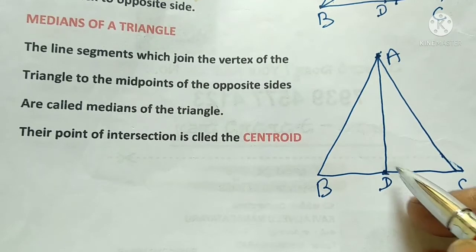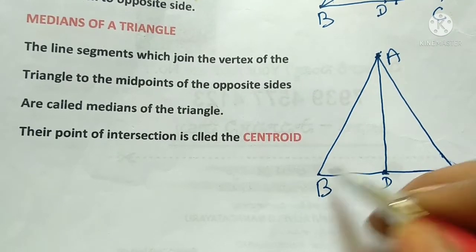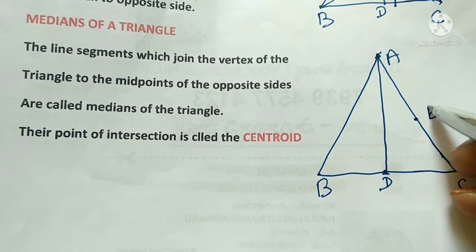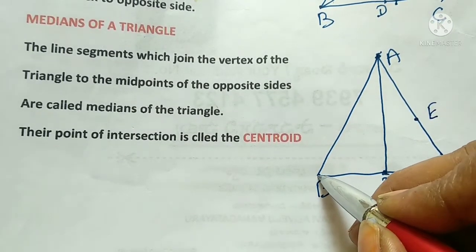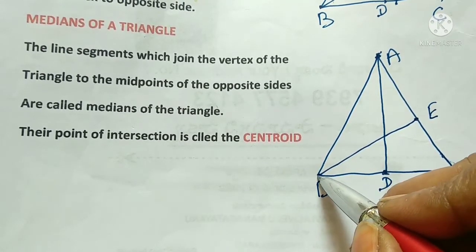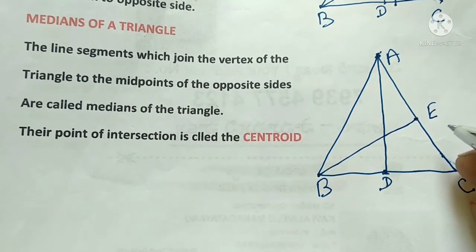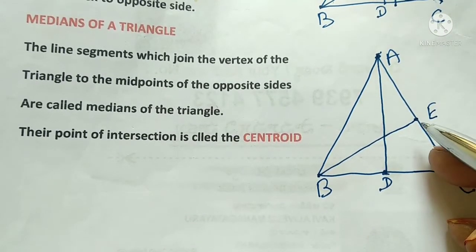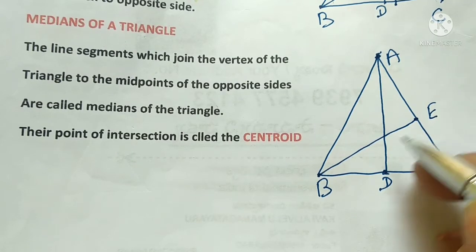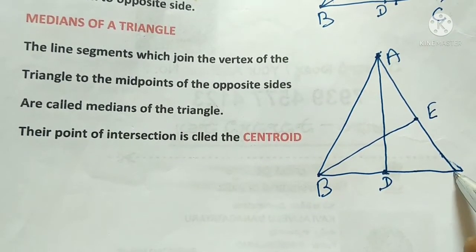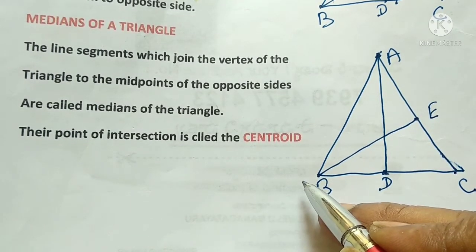In the same way, from vertex B, and let us say in AC, E is the midpoint, and we join B to the midpoint of the opposite side AC. This is another median. And C is the vertex, and AB is the opposite side.